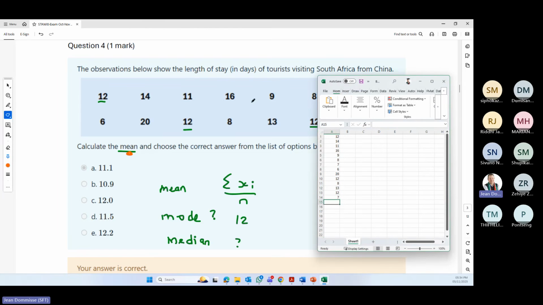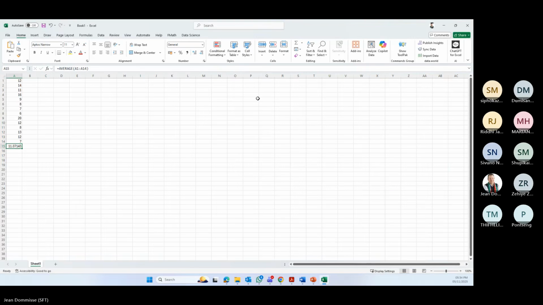So there's 14 numbers. If we wanted to get the mean, remember the mean and average are exactly the same. Let's just make it bigger.